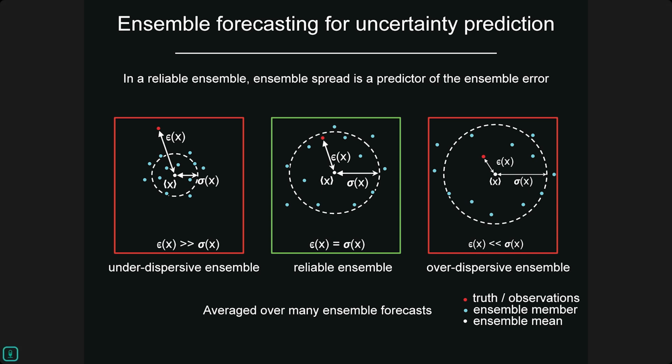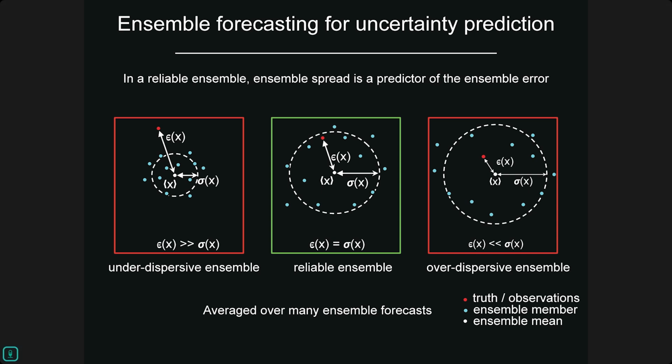If that spread is accurately representing the error, that means the observation is indistinguishable from one of the ensemble members. Whereas if you have an under-dispersive ensemble where all the members are close to one another, but far from the observation, then you're too confident in the forecast, and the error is much larger than the spread in the system. The over-dispersive case is the opposite, where you have a broad ensemble spread.